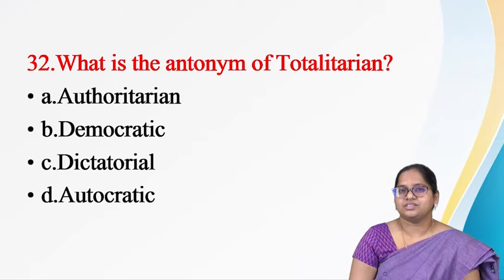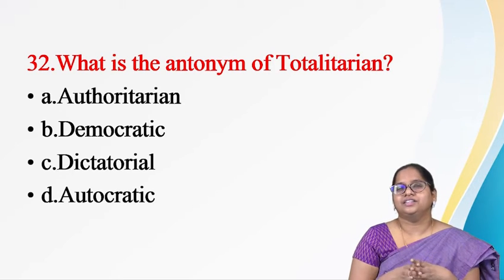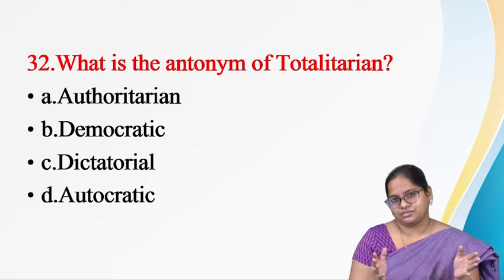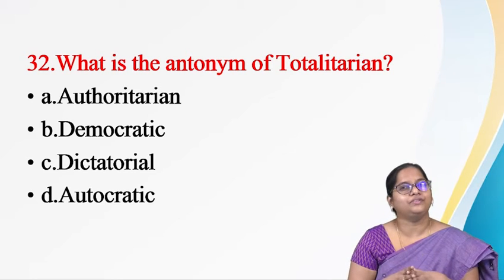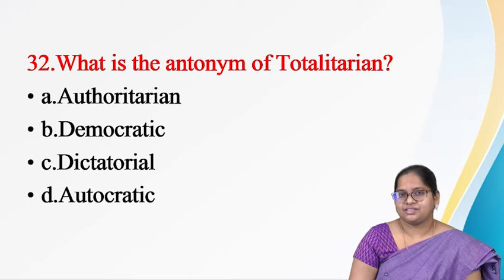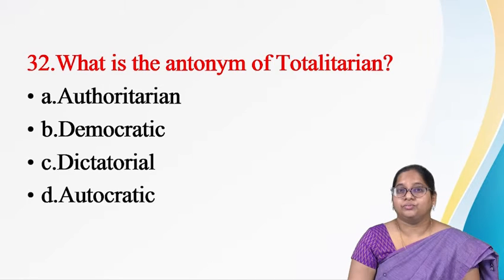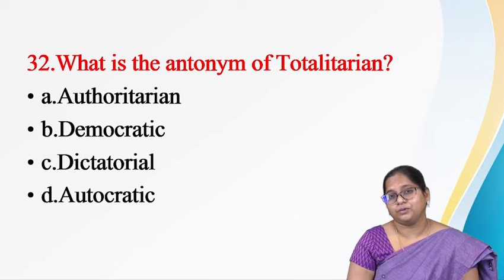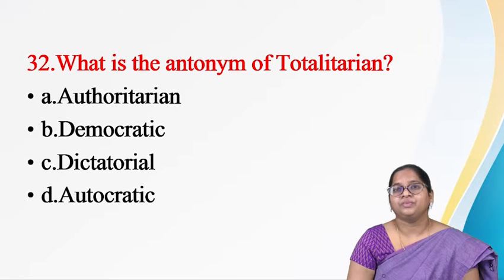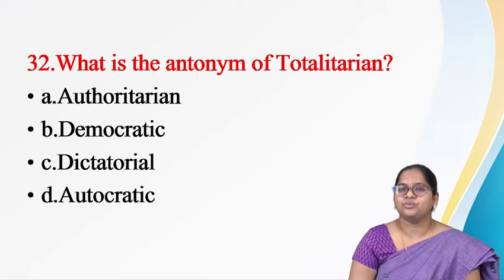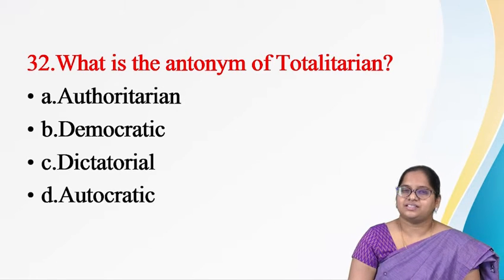The clue is that you are involving people in this kind of rule. So obviously, it is for the people, of the people, by the people. And democratic means somebody who is democratic. So, that is the meaning.